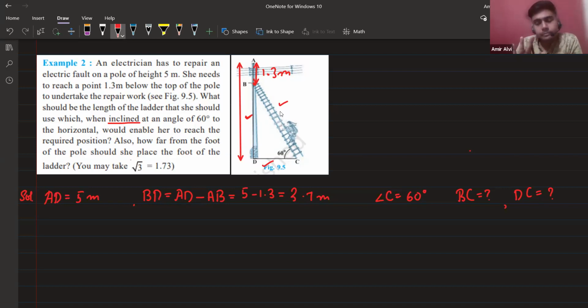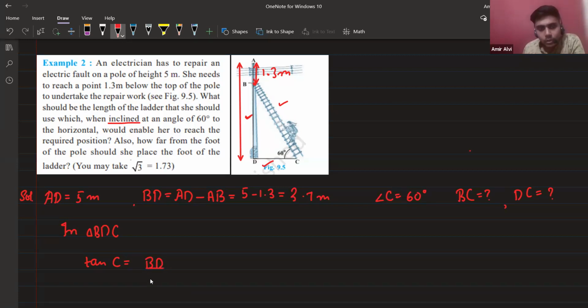Fine. Clear? Okay, in triangle BDC, tan C is what? Perpendicular upon base. The side opposite to the angle theta over the adjacent side: BD by DC.